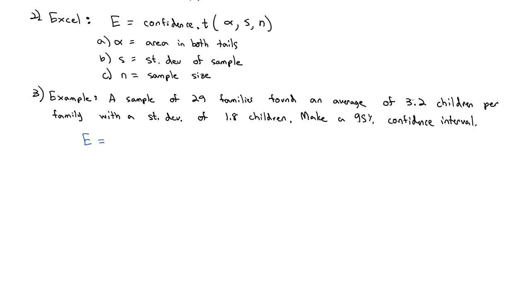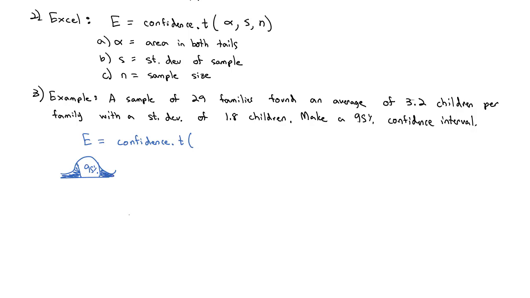Well, first we need to know how much error there might be between our sample result and the population result at the 95% confidence level. And to do that, we'll do that on Excel with CONFIDENCE.T. We'll need the alpha. And so if I think about wanting a 95% confidence interval for the middle, alpha is in the outside.